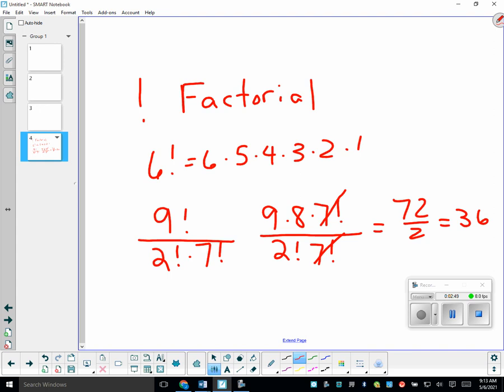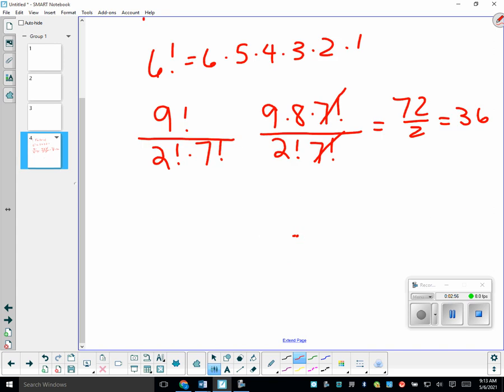Now let's do the exact same thing, only with letters. If I have n minus 1 factorial over n factorial. When I did the numbers, didn't I basically subtract 1 every time?